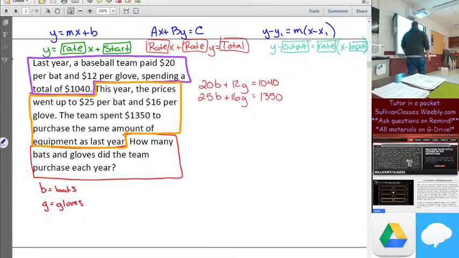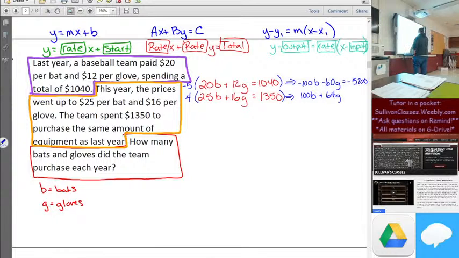Okay. If I take this top equation and multiply it by, I don't know, a -5, getting negative 100b minus 60g is a negative 5200, and multiply this one by 4, getting a positive 100b, a positive 64g, and 5,200 plus another 100, 5,300?